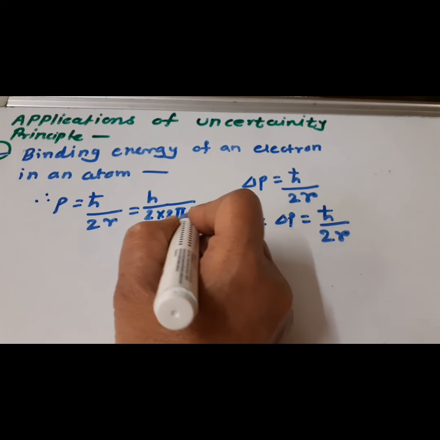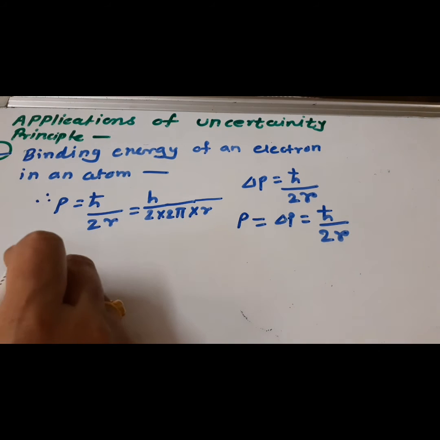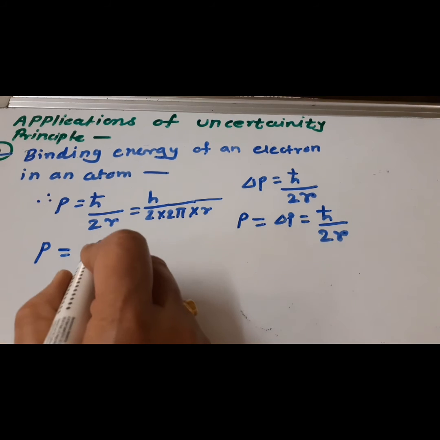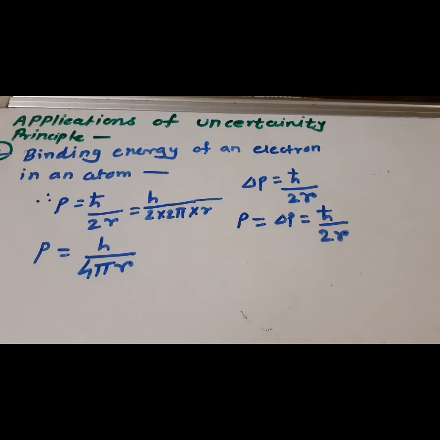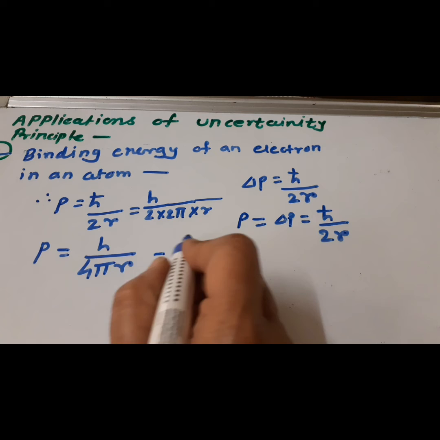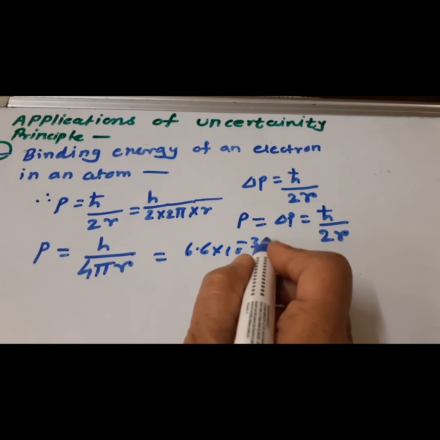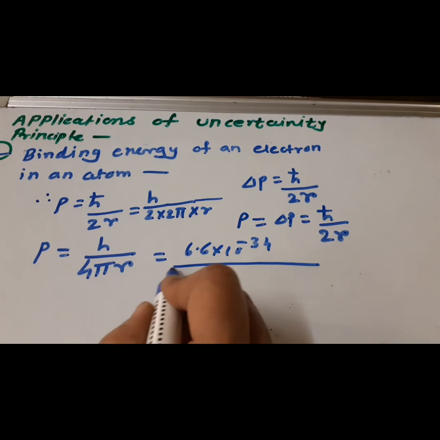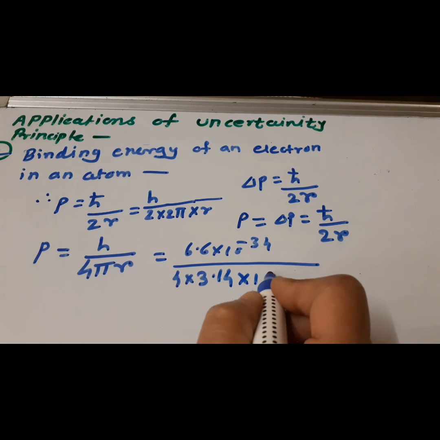Because h cross is equal to h upon 2 pi. Therefore, P is equal to h upon 4 pi r. That is equal to, what is the value of h? 6.6 into 10 to the power minus 34 divided by 4 into 3.14 into r, 10 to the power minus 10 meter.